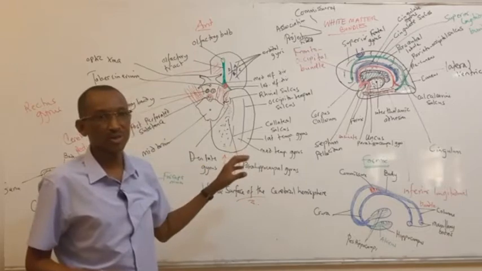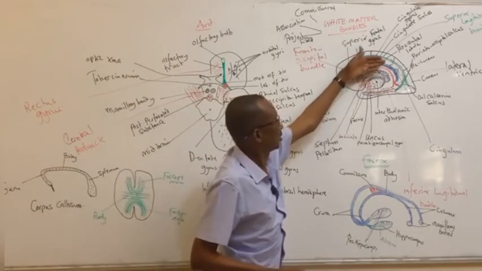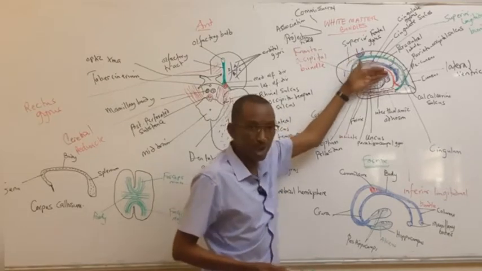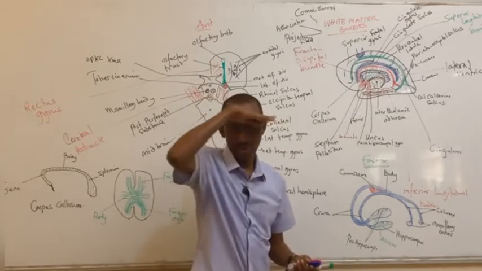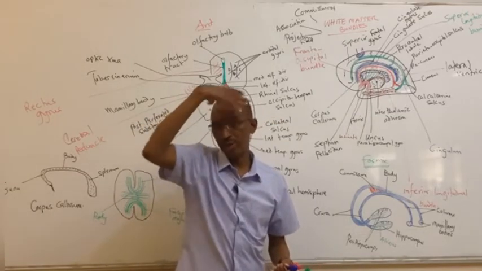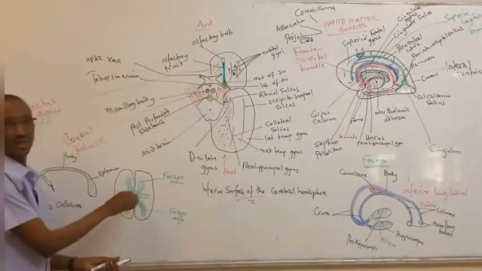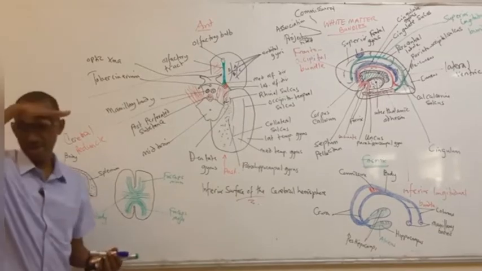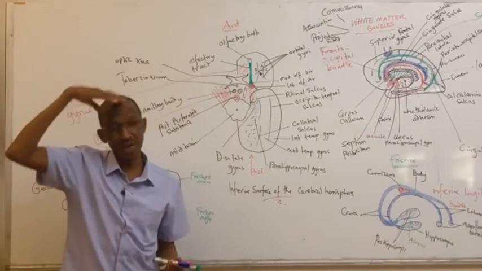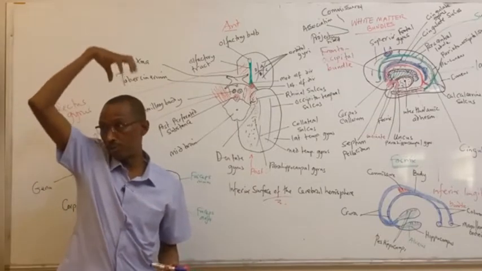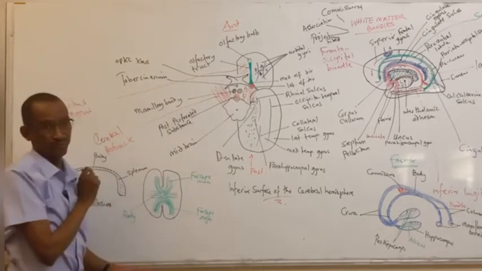Commissural fibers are there also when you cut across the cerebral hemisphere on the medial side, or when you make a horizontal section like this, and then you remove the top, and then you look at it from above. So you now make a cross section of the cerebral hemisphere, the two of them together, and then you remove the top of both the left and the right, and then you look at it from the top, and this is what we are going to see.